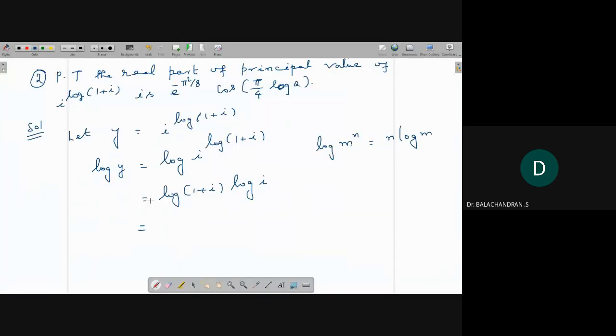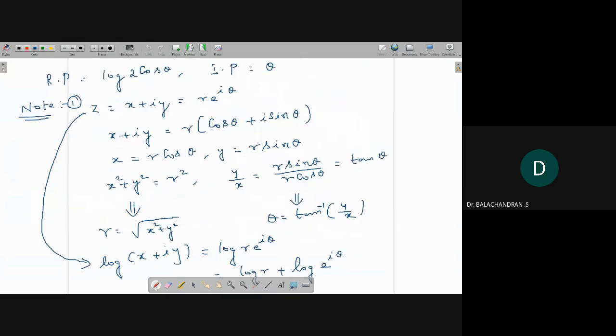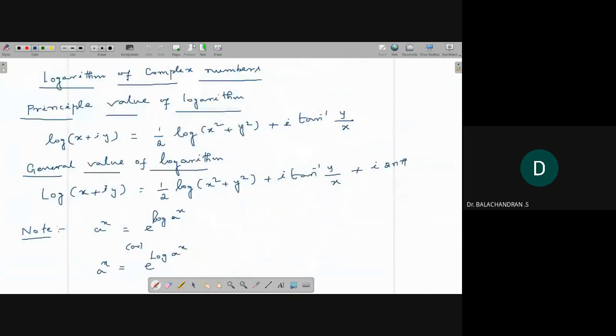Yeah. Log of 1 plus i, I will give you a hint. The first slide there. Log of x plus iy is what? Half log of x square plus y square plus i tan inverse of y by x. So you should use this formula.